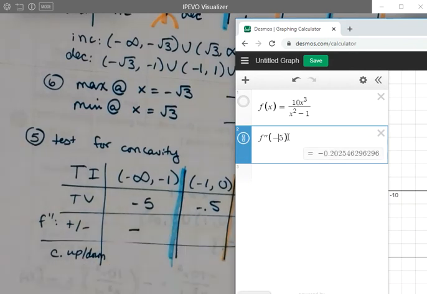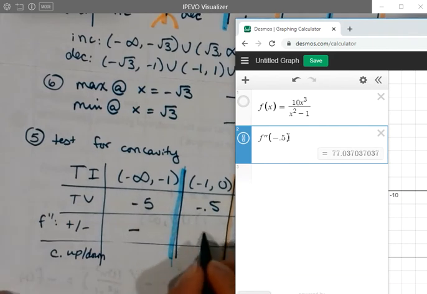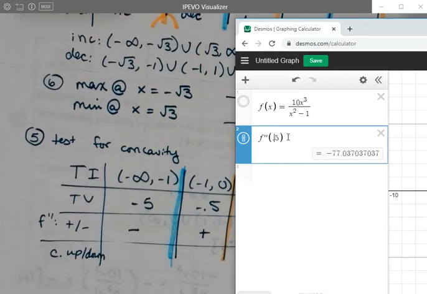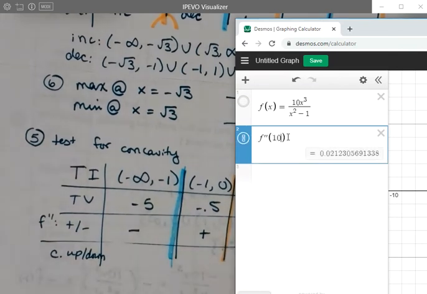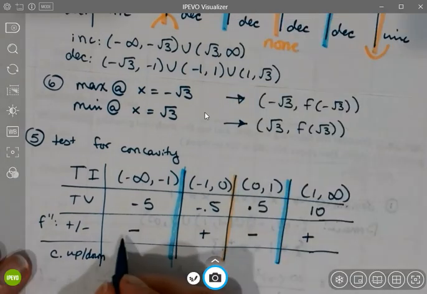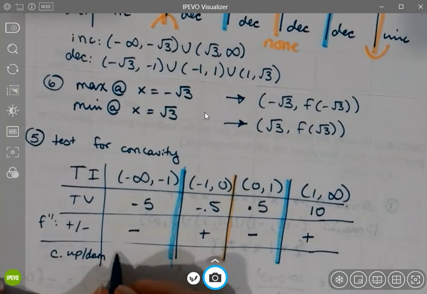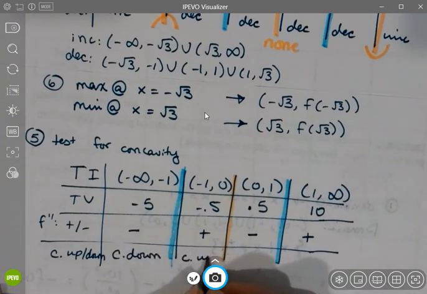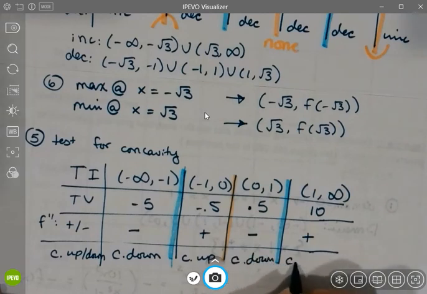We'll plug in our -1/2, and that gives us a positive value. +1/2 is a negative value, and our 10 gives us a positive value. Okay. So there we have some changes, and so we see that we are concave down, concave up, concave down, and concave up.